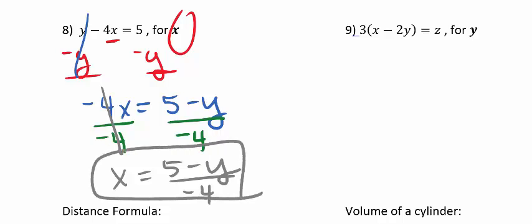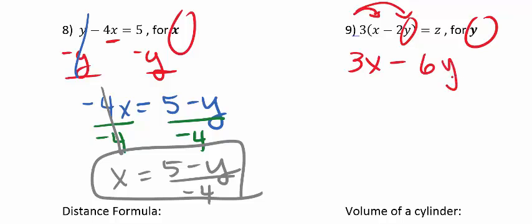In number 9, we're trying to solve for y, and here's y in my equation. Well, before I can even start, I am going to have to distribute this 3 so that it will be much easier to solve for y. So to do that, we can rewrite this as 3x minus 6y equals z.